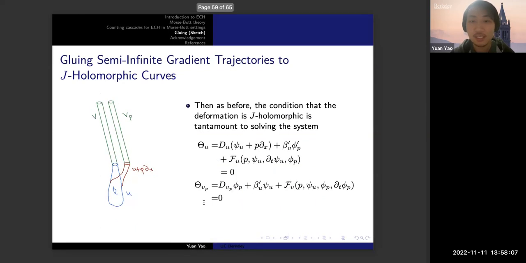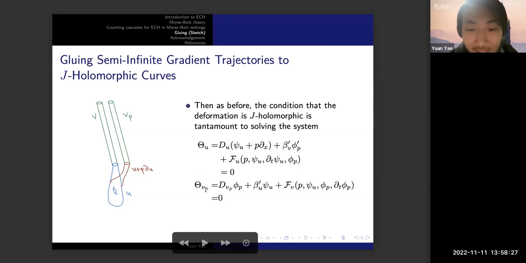Okay. So again, you split this equation into two. One is an equation over U and another equation over VP. So it's equivalent to solving this system of equations. Theta U is an equation living over U, and theta VP is an equation that lives over VP.